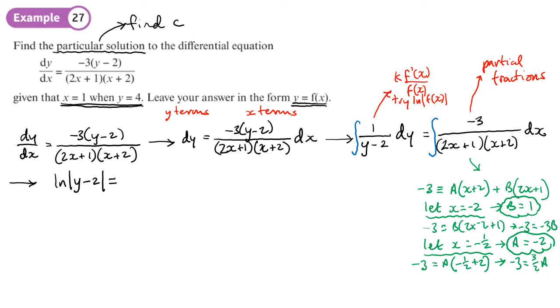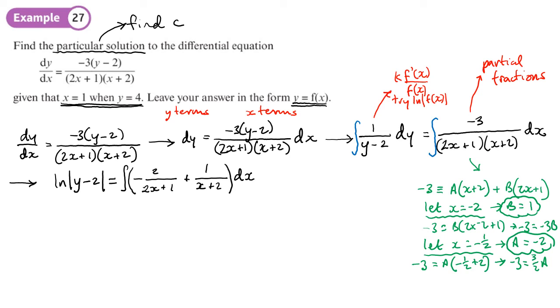So that means that I would actually need to integrate, if I write it as partial fractions, -2 over 2x plus 1 plus 1 over x plus 2 dx, so that needs integrating.